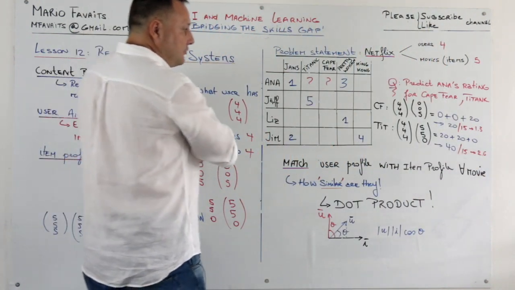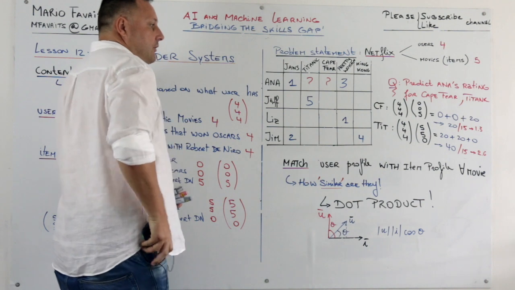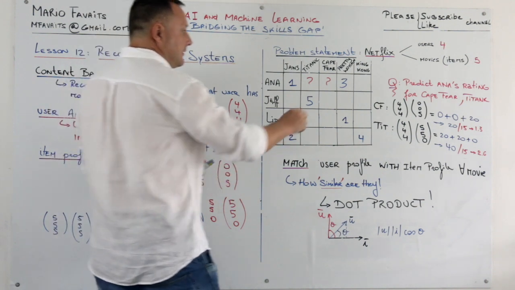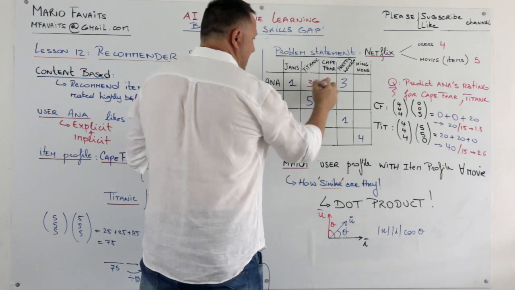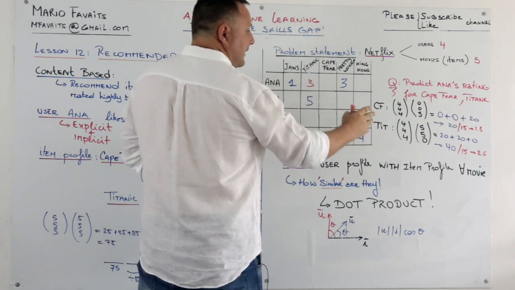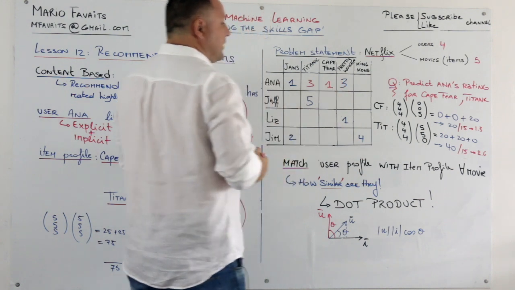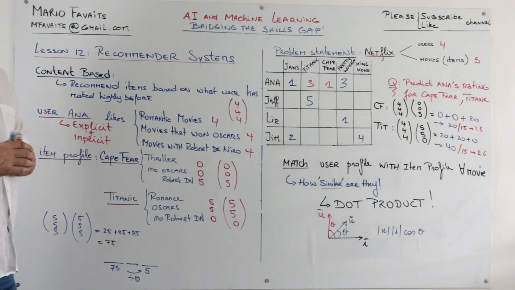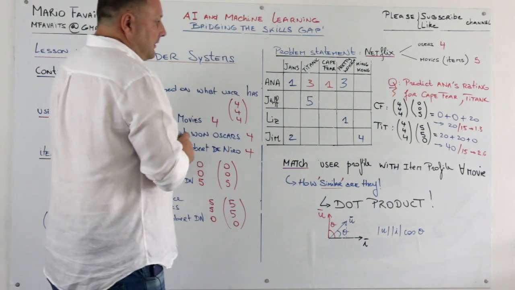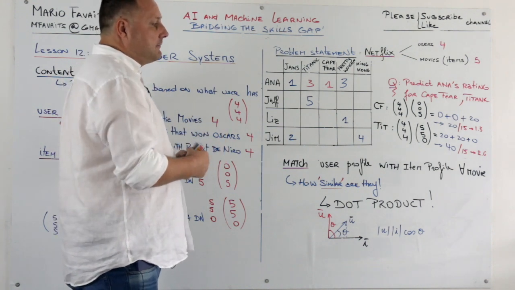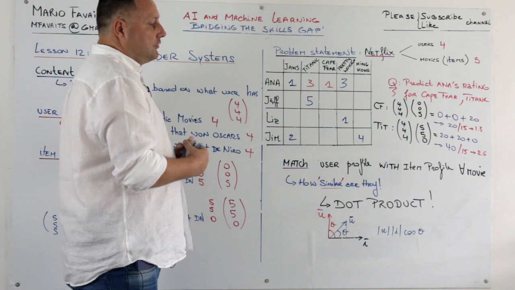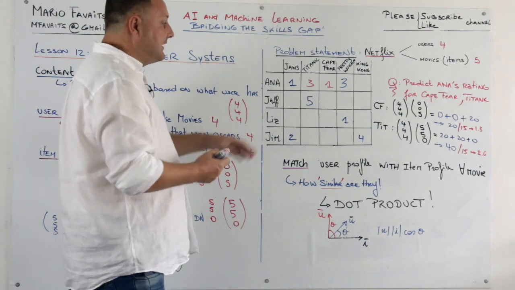So Titanic 2.6, I would round to 3. And then for Cape Fear, I would say the score she would give is 1. So this is a method for us to be able to rank or to fill in this matrix.